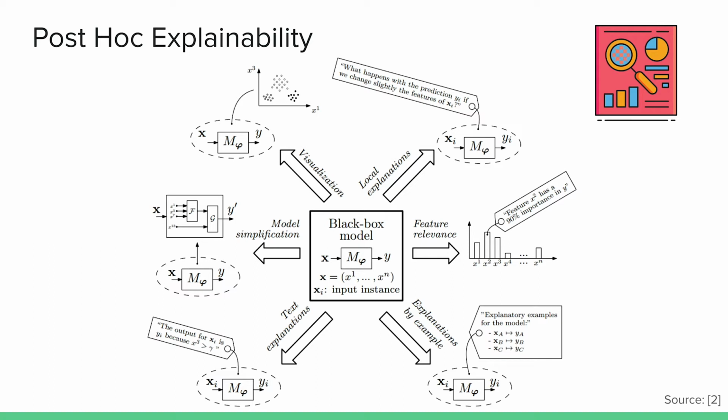Like here, the output for xi is yi because of this particular condition. We could want to get some explanations by simplification, where we rebuild a system based on the trained model, but that rebuilt model is much simpler than the original model and more understandable. We will actually see one example for this later on in this lecture.